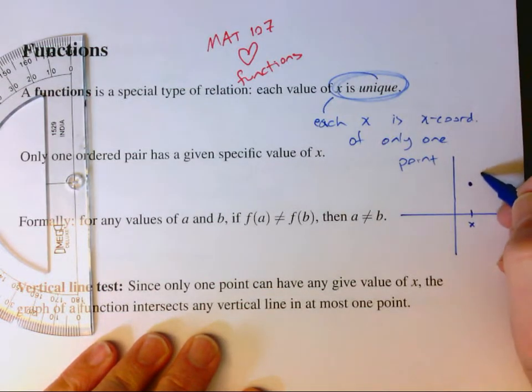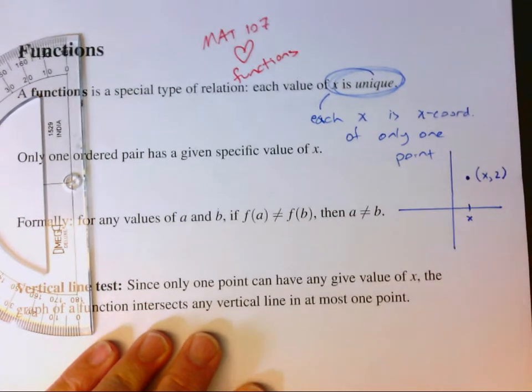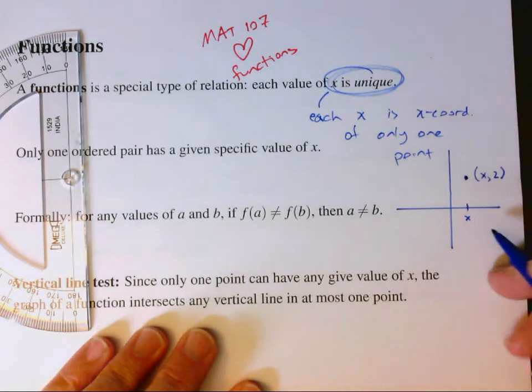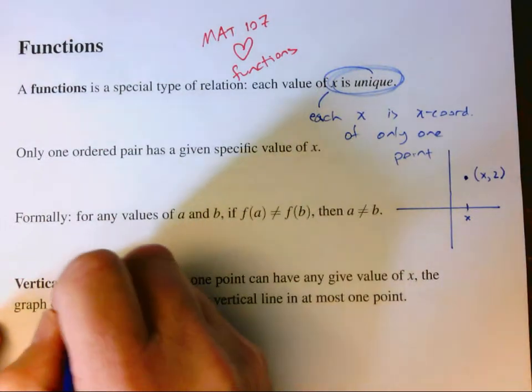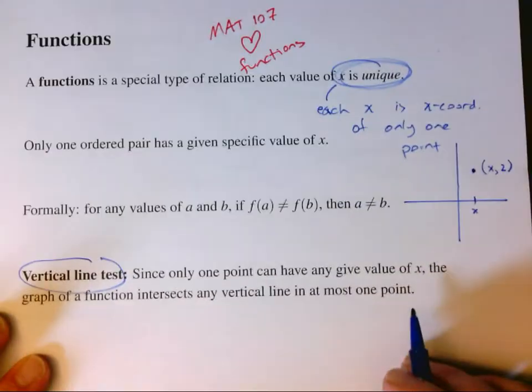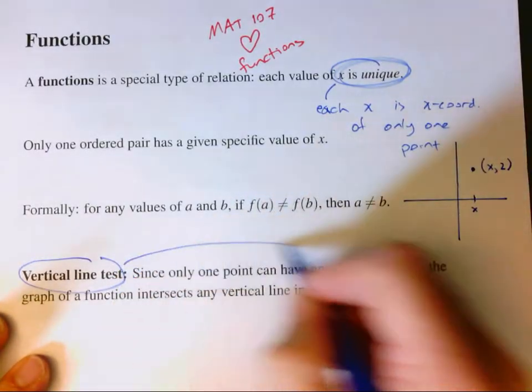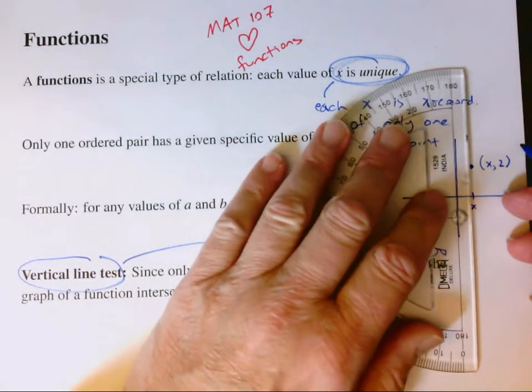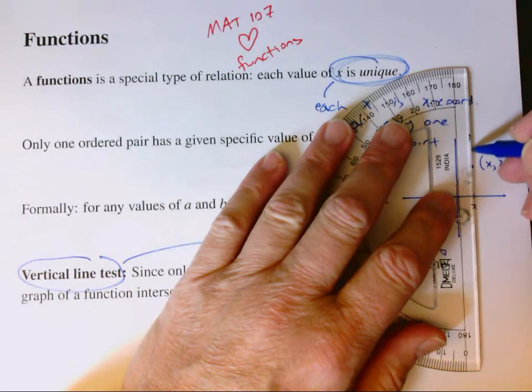So I could say like x comma 2. I can't do a point here and then a point above it or below it. And that gives us the vertical line test. The fact that each x can only be used once means that there are never any 2 points on a vertical line.